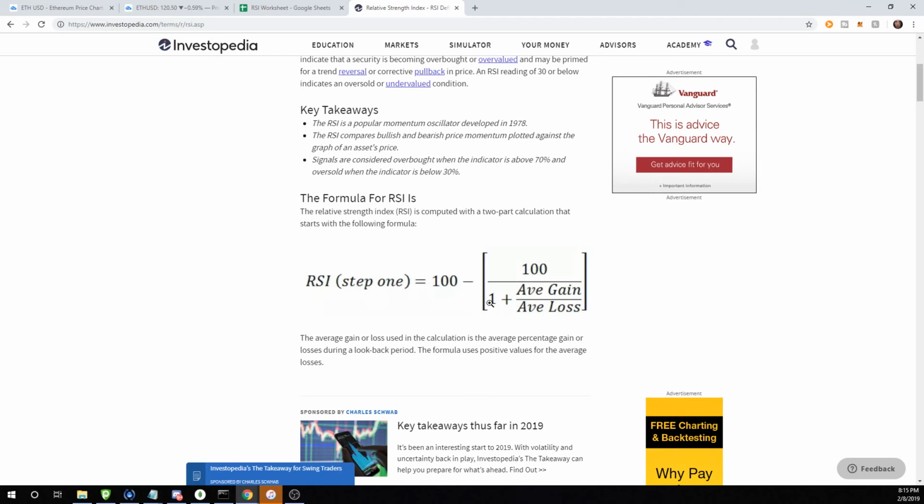What we're doing here is creating a range between 0 and 100, which is basically a way of saying that we're creating an oscillator. When the numbers tend to go up, the result of this oscillation will tend towards 100. When the numbers go down, they will tend towards 0.